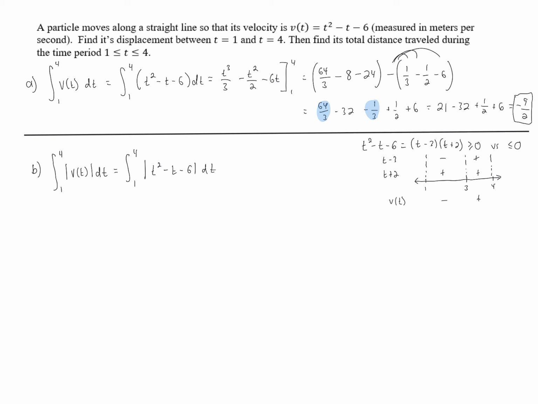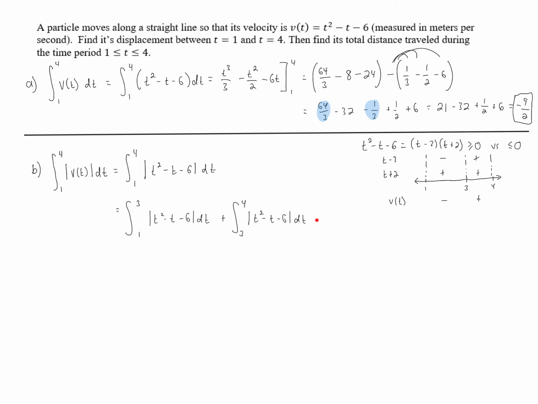So what we need to do is, first of all, split this up into those two intervals. So we need to look from 1 to 3 of this function in the absolute value. And then we need to add the integral from 3 to 4 of this function in the absolute value.